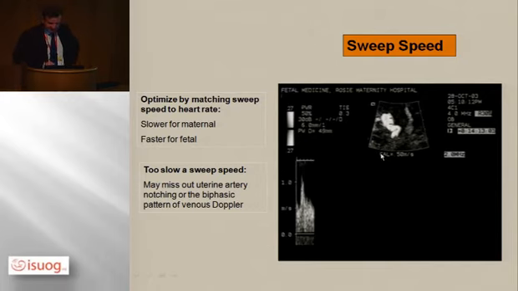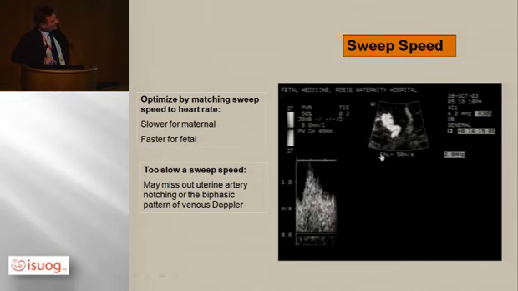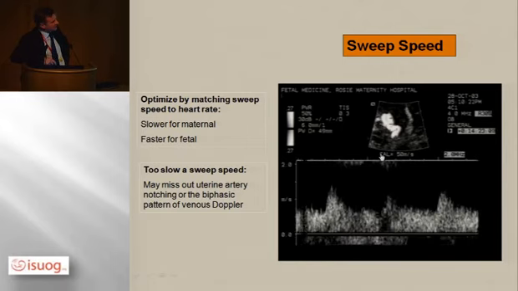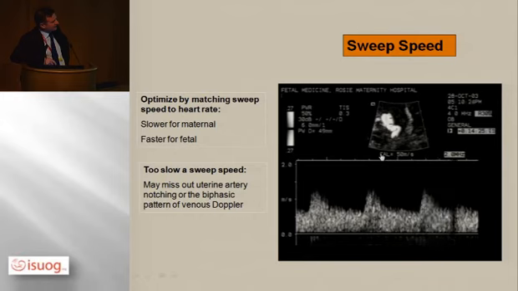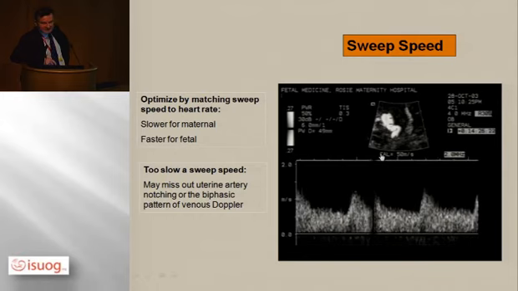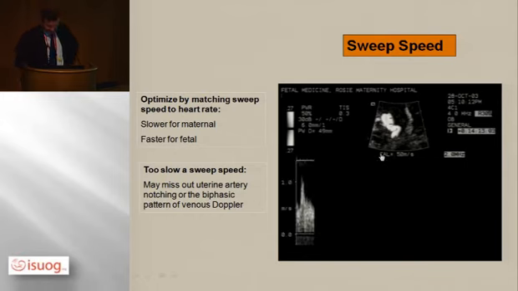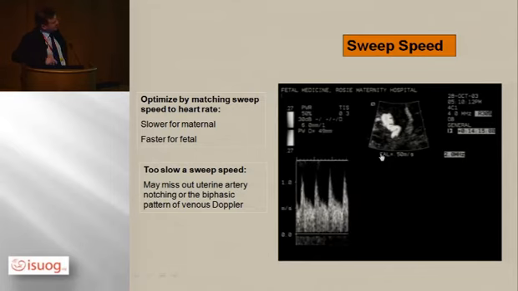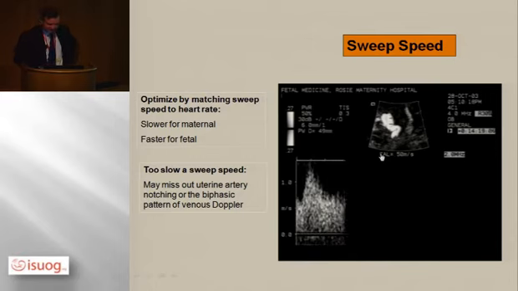This is all about showing a good quality image. And this is reasonably good. That's possibly a little too fast a sweep speed. And you want at least 3 or 4 waveforms to see them properly. So here, a little bit slow and getting faster. So that's important both for fetal and maternal.